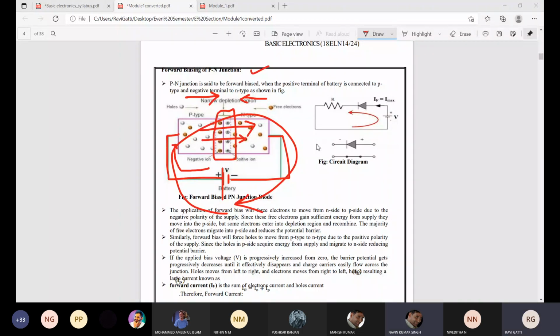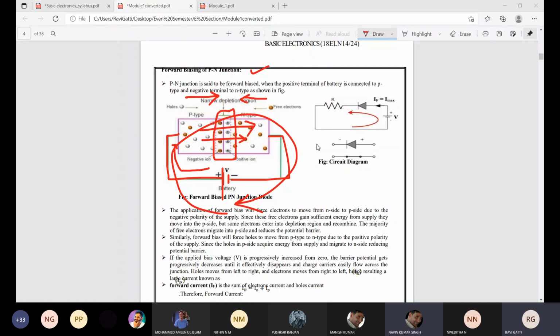Yes, very good. What do you mean by conduction band? Yes, Naveen. It is a threshold gap between the lower region and the upper region, low potential to high potential.